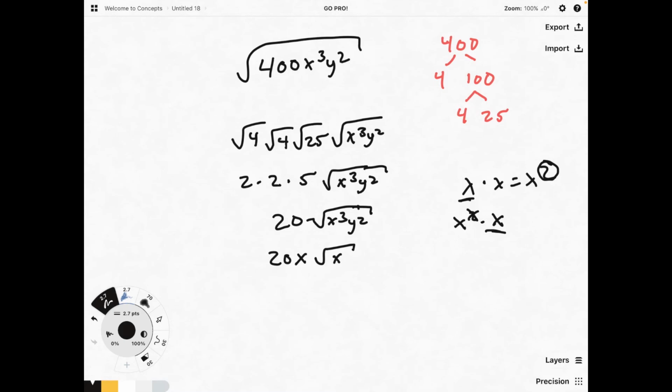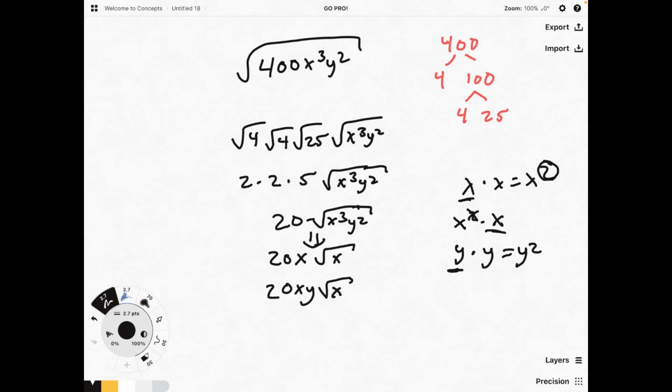Well, y squared is y multiplied by y. We know that y is the square root of y squared, so we can bring that outside. And now we are left with just x on the inside.